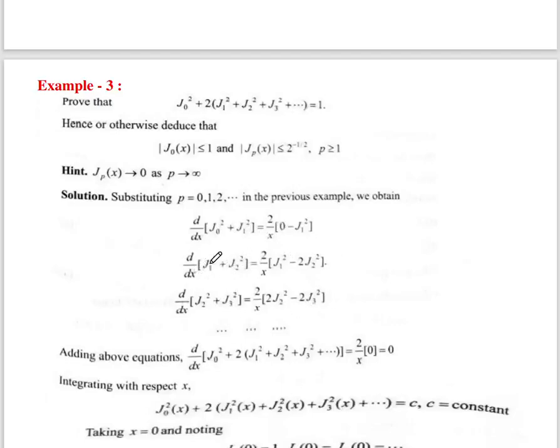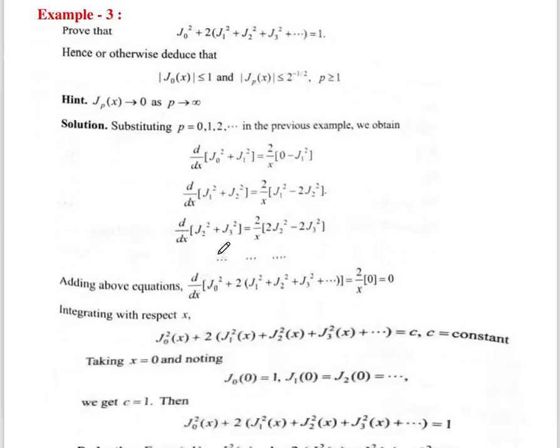Okay, so d/dx of (J1 square plus J2 square) equal to 2 by x (J1 square minus 2 J2 square), which equals d/dx of (J2 square plus J3 square), 2 by x (2 J2 square minus 2 J3 square). Okay, so in this way we can write these steps. So adding these three equations, we will get d/dx of (J0 square plus 2 J1 square plus 2 J2 square plus J3 square plus and so on) equal to 2 by x into 0, that is 0.